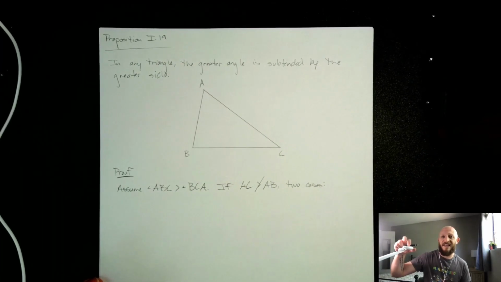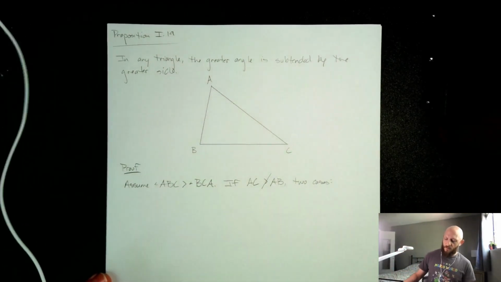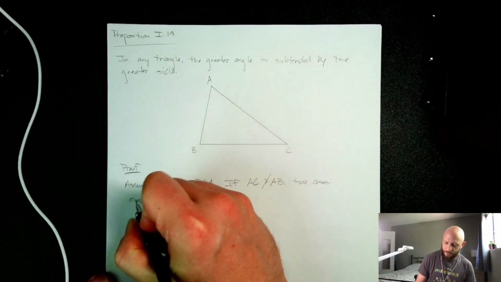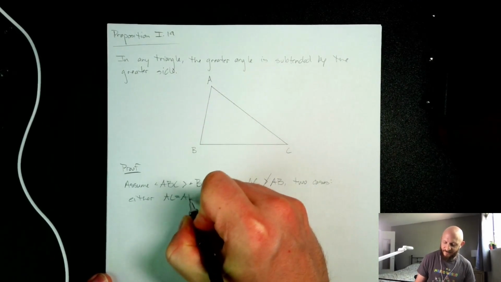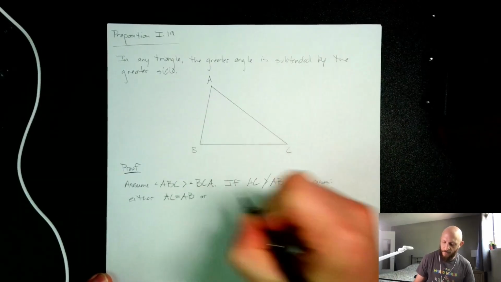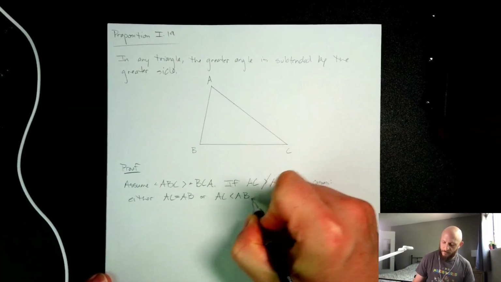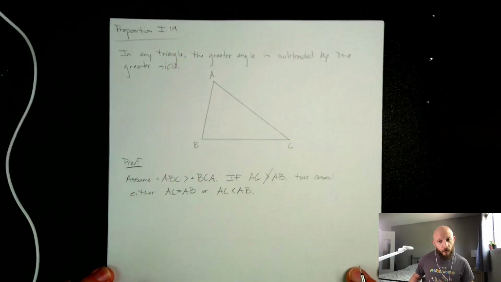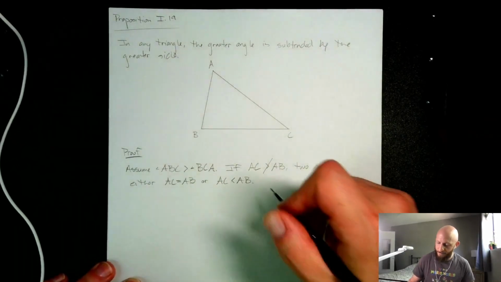Case two is that AC is shorter than AB. So the two cases are either AC is exactly the same length as AB or AC is shorter than AB. We'll look at both of these cases and see that a contradiction arises from both of them.